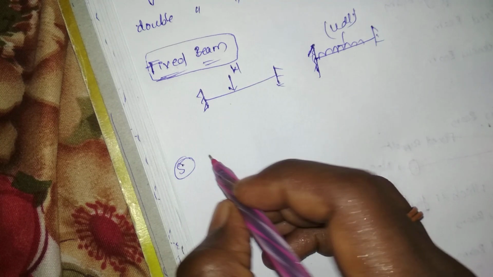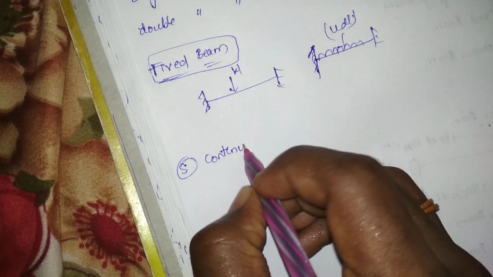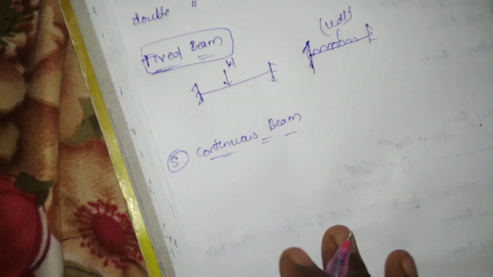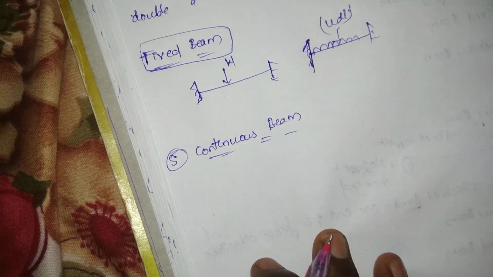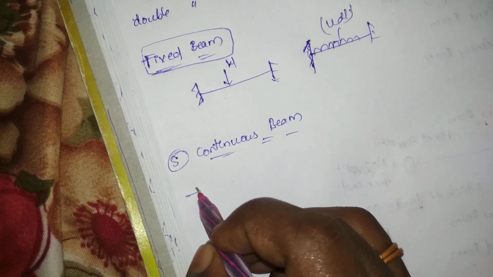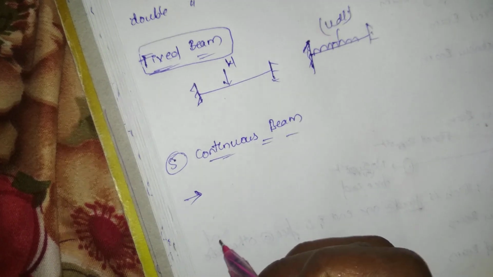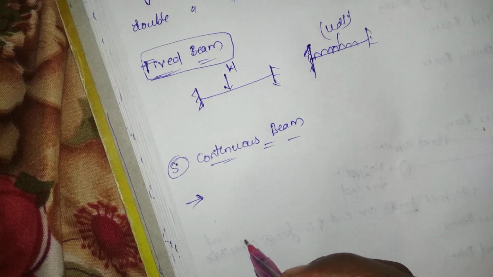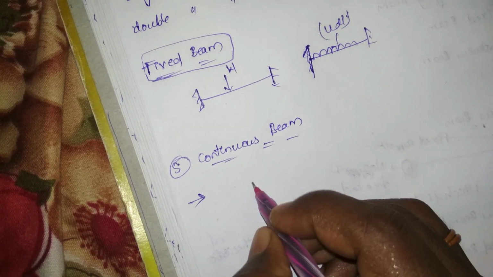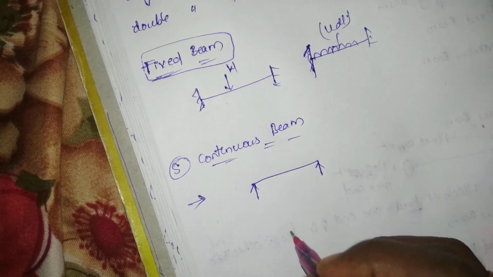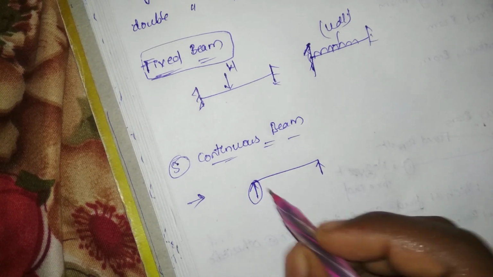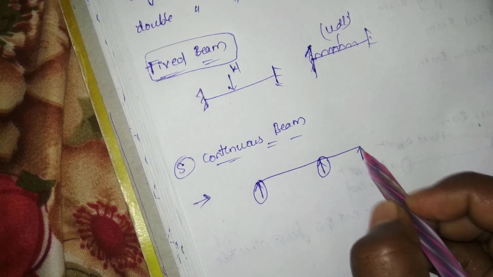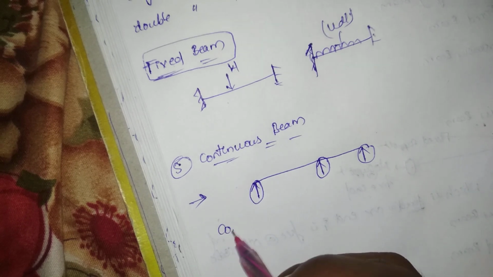Next, continuous beam. What is a continuous beam? A continuous beam is a beam which has more than two supports, such as this. This is a simply supported beam, with one support and another support, and this beam has yet another support. This is called a continuous beam.